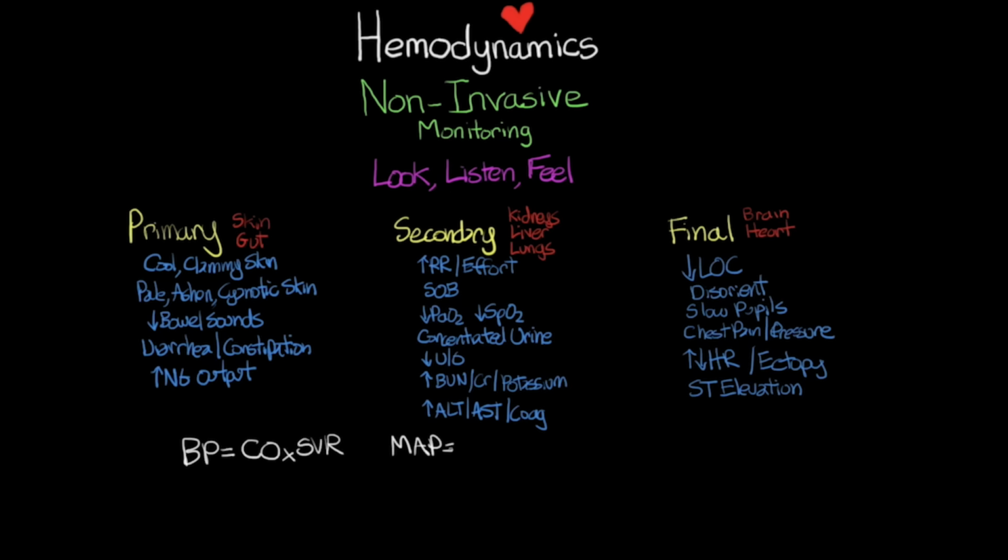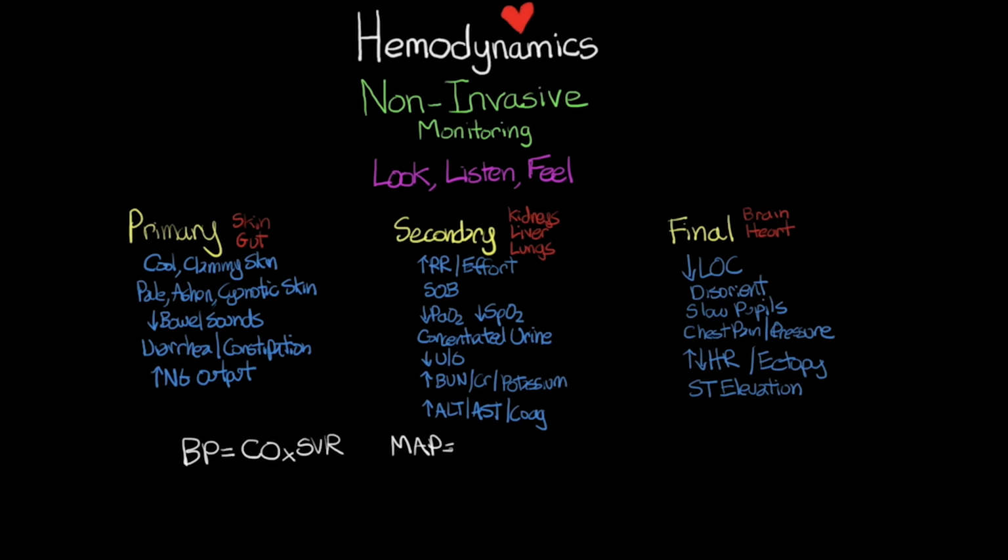And your mean arterial pressure, or MAP as it's often referred, is really the most important number, because it's your number that tells you how much perfusion you're getting. So as you know, with your blood pressure, you have a systolic and a diastolic, but your MAP is the average across that full cardiac cycle, and this will determine if you're getting enough perfusion to your vital organs.